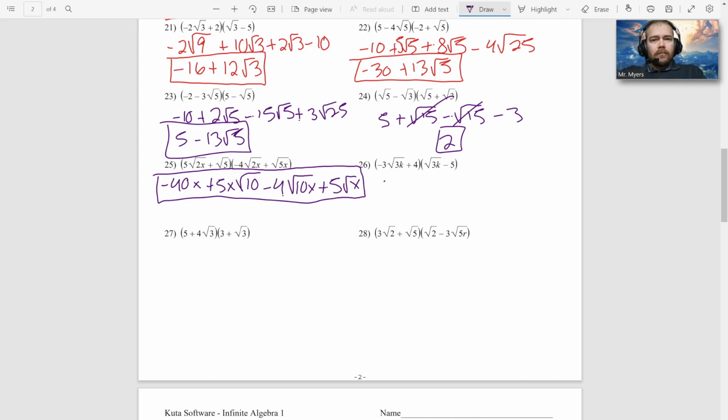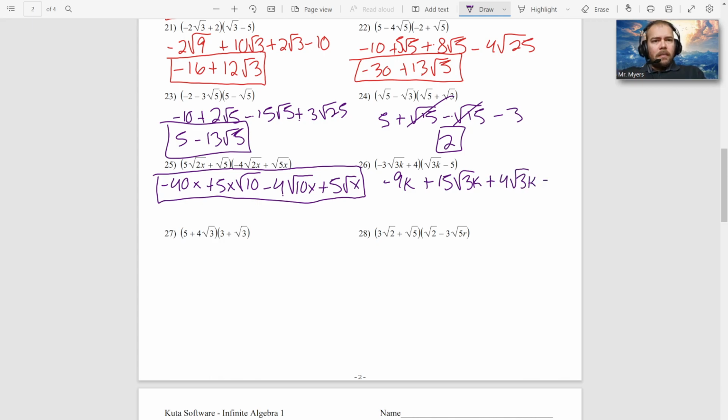So negative 3, but then a 3, we've got two 3k's here, so that's 9k that comes out, 3k that comes out, and times by 3, so 9k. And then here we've just got positive 15 root 3k. Here we've got plus 4 root 3k.